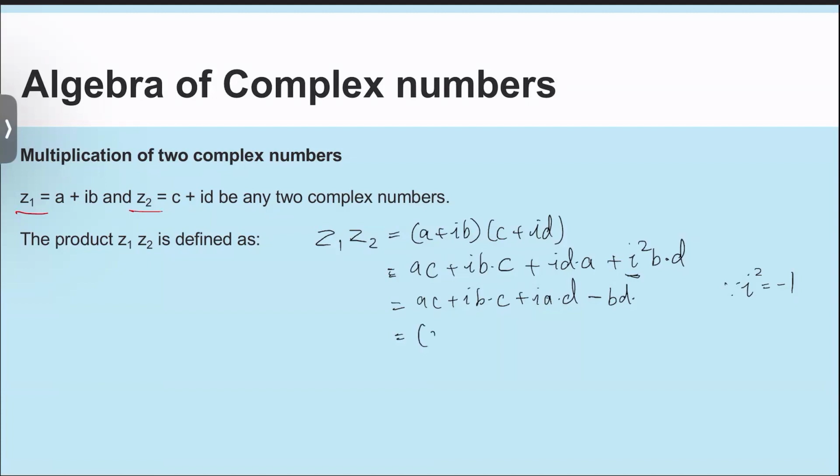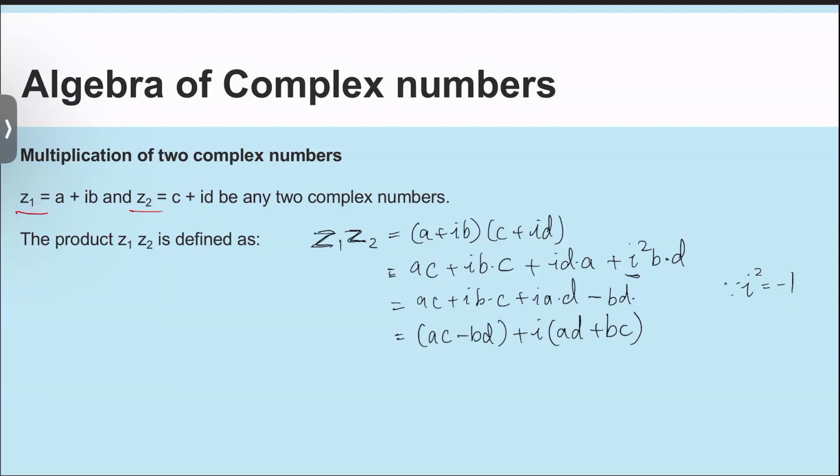What we are left with is (AC minus BD) plus i(AD plus BC). This is the product of two complex numbers Z1 and Z2.